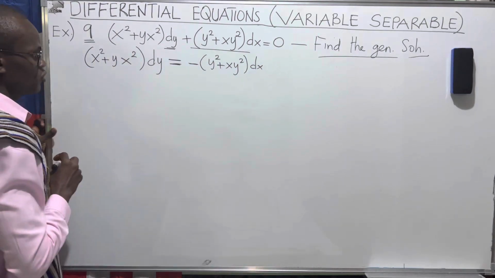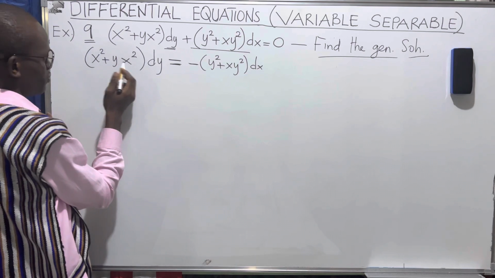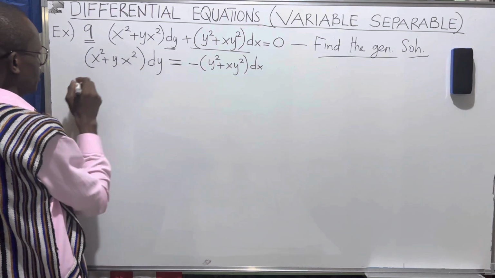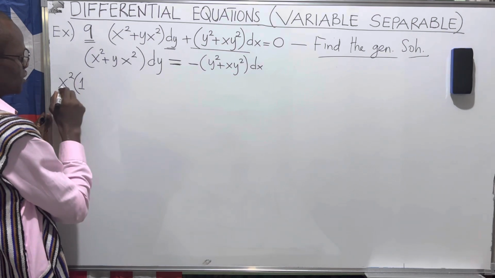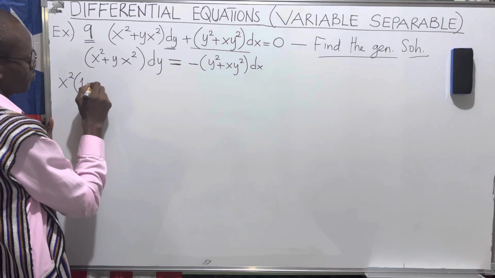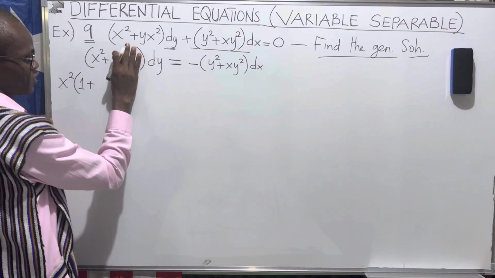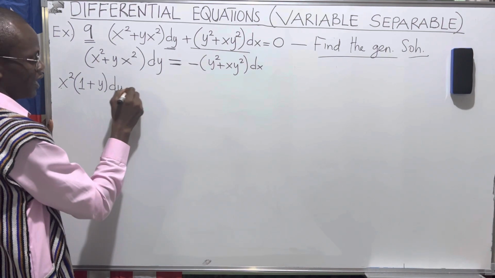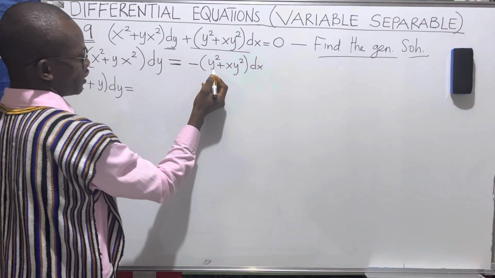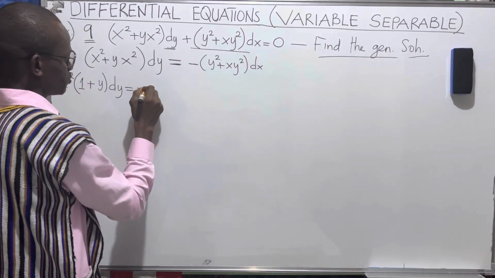The next thing I need to do now is to see how best I can factor out. So I have x² and x², so I can bring out x². I'll be left with 1, because x² into x² is just 1. X² into yx² cancels, and you'll be left with y. And now I'm left with dy. Likewise with this side, y² can also come out.